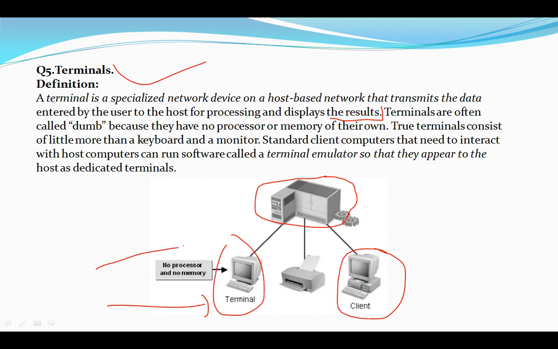So whatever we want to do, we will have to enter the command from here, and it will process accordingly. Now, terminals are often called dumb because they don't have processor or memory on their own. We call them dumb also. A true terminal consists of little more than a keyboard and monitor. So basically, at most a keyboard and monitor.